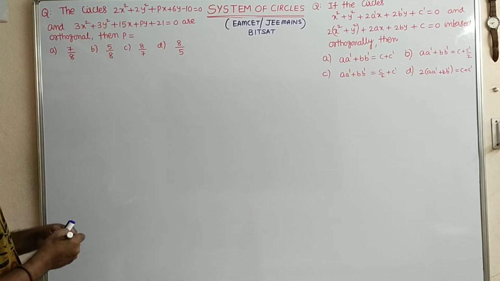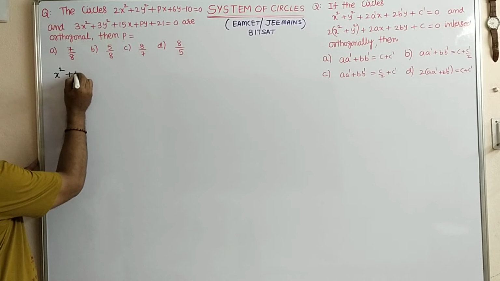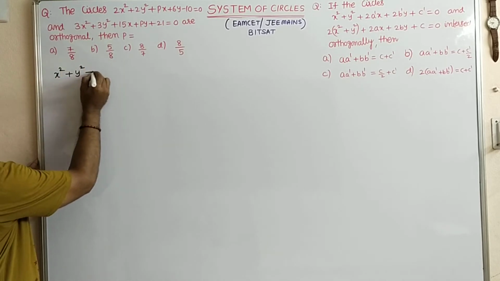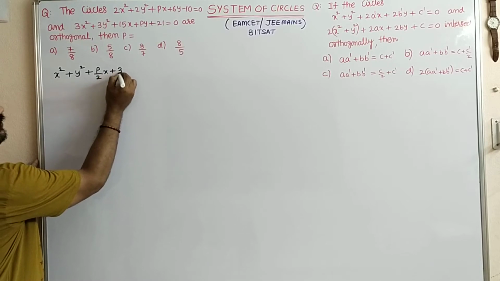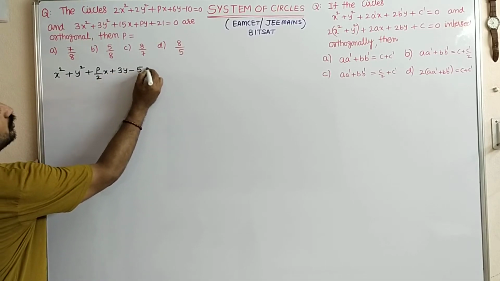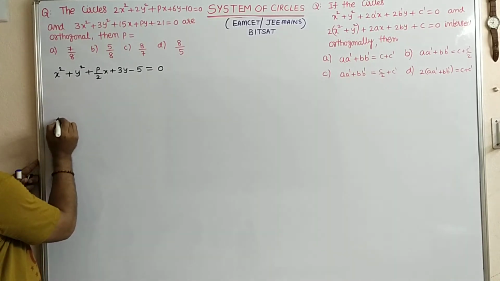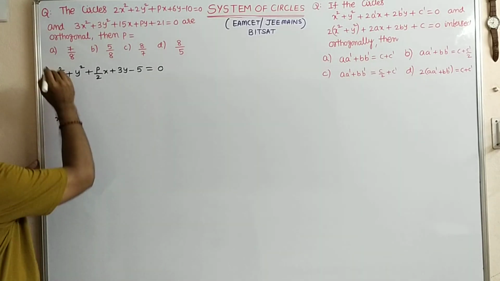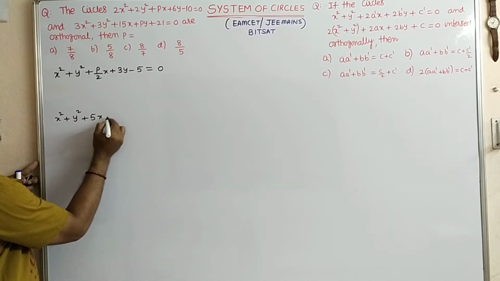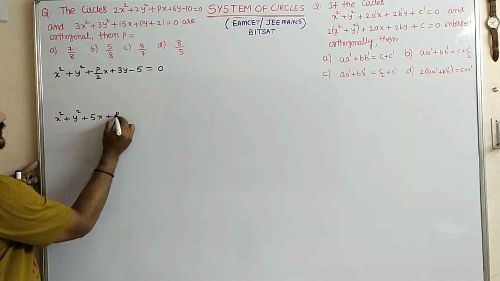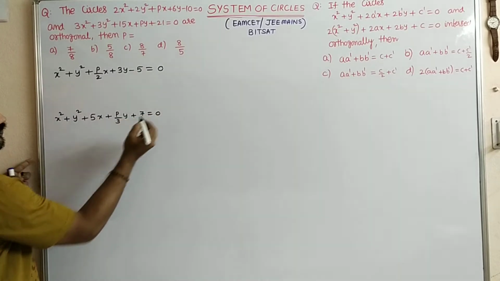See here, first circle I am writing in the general form, x square plus y square divided by 2 plus p by 2 x plus 3y minus 5 equal to 0. Second circle, x square dividing by 3 plus y square plus 5x plus p by 3y plus 7 equal to 0.